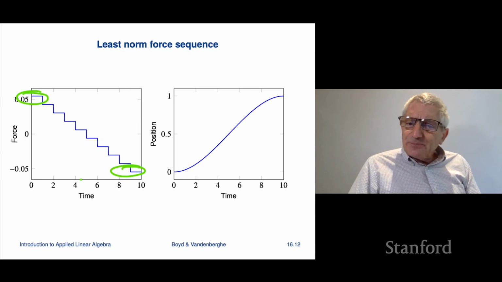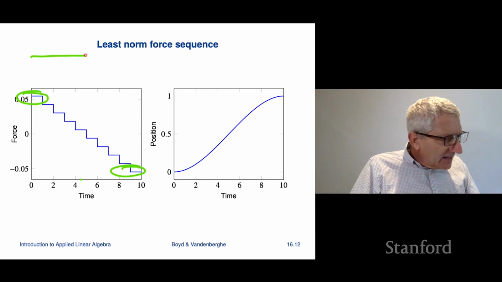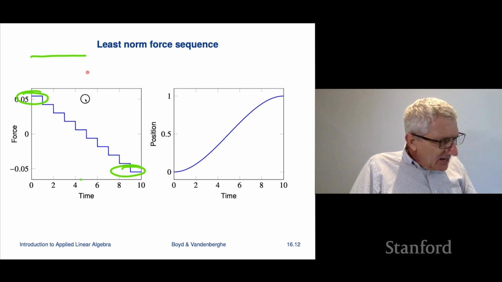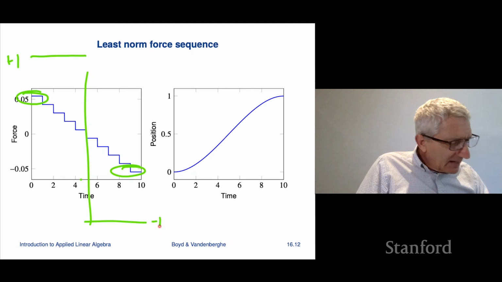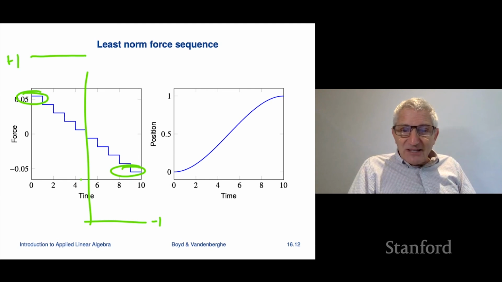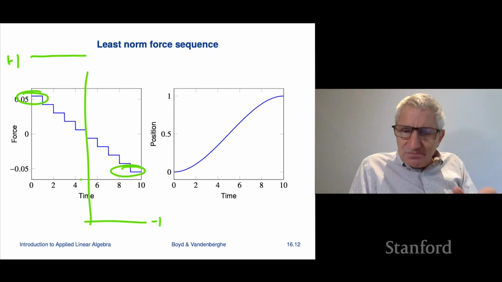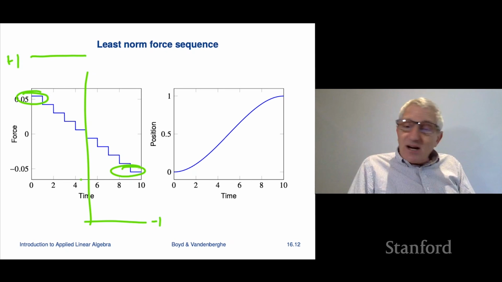Here's the interesting thing. Bang bang looked like this. On a completely different scale, it would look like this and then switch down to here. This would be at plus 1 and minus 1. But what you can see here is pretty cool. It starts by pushing, 0.05 Newton, which is a whole lot less than 1. Then in the next step, it's a little bit less, a little bit less, a little bit less.